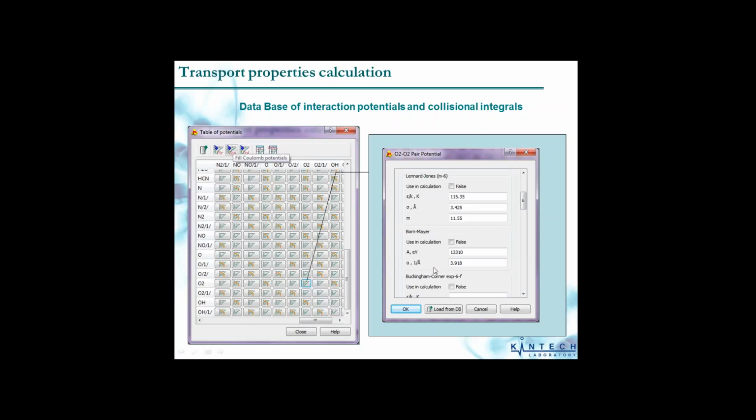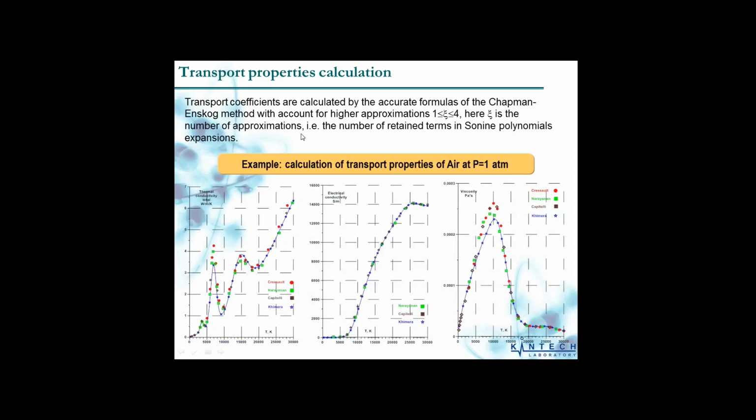And here is information about the potential interaction. So all this information is taken from the database and used during the discharge simulation. But nevertheless, you may go directly to the database and look for the properties and calculate transport properties. Here you see an example calculation of transport properties of air: thermal conductivity, electroconductivity, viscosity.